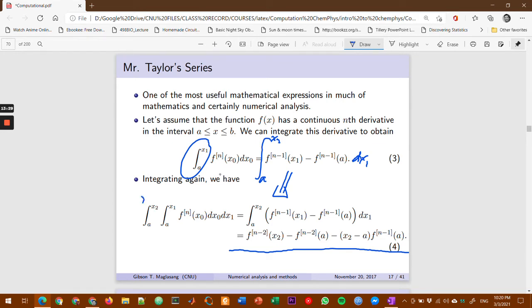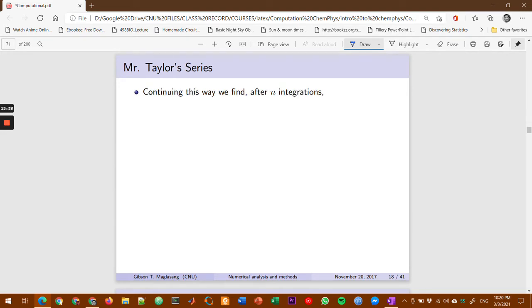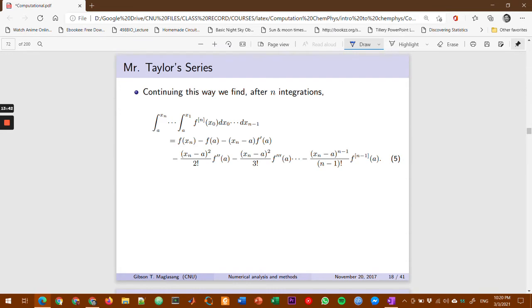Next, we integrate that one, a third time, x cubed, and integrate again and so on. You integrate it n times. Okay, continuing that up to n integrations, we get this equation 5, right? We won't go through it step by step, but actually you can check whether it takes that form. But I tell you, it does, okay?